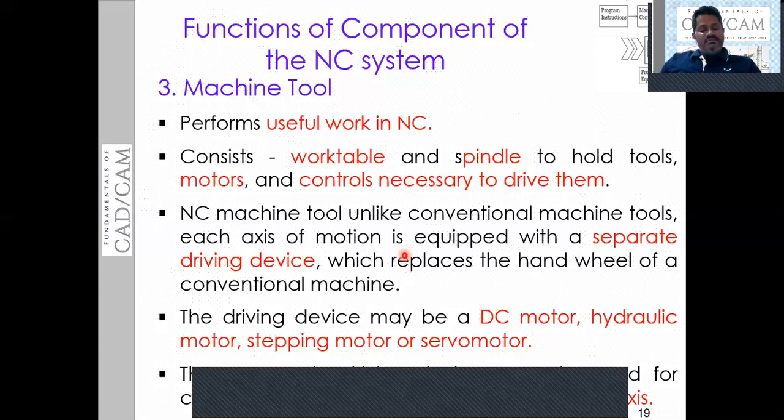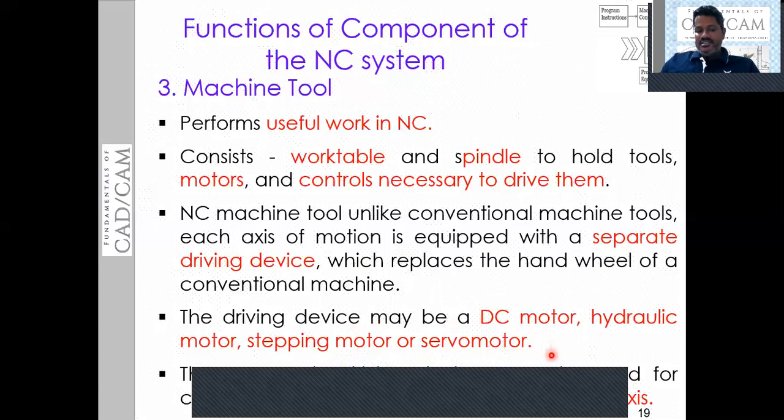The driving device may, in both cases, be a DC motor, a hydraulic motor, or a stepper motor, and it can be a servo motor or a DC drive. These separate driving devices are also used for controlling the tool direction in the respective axis.